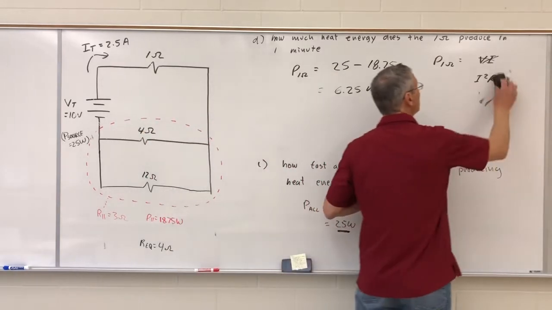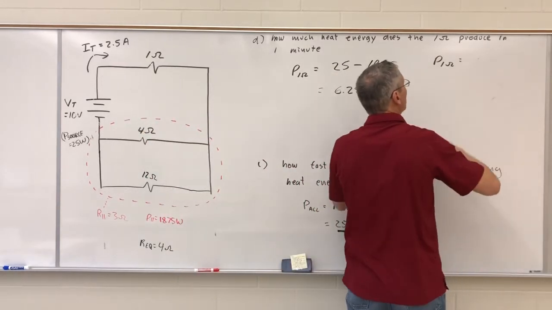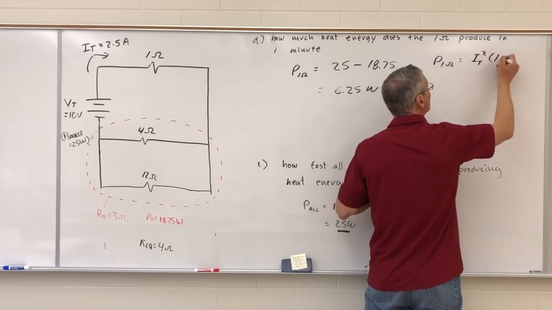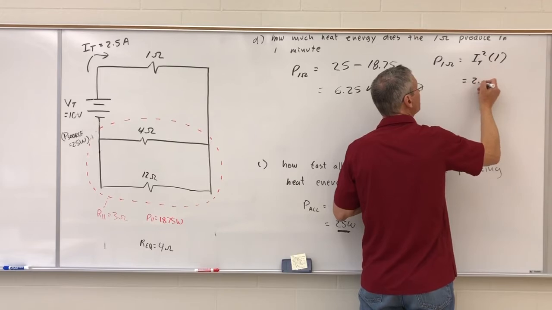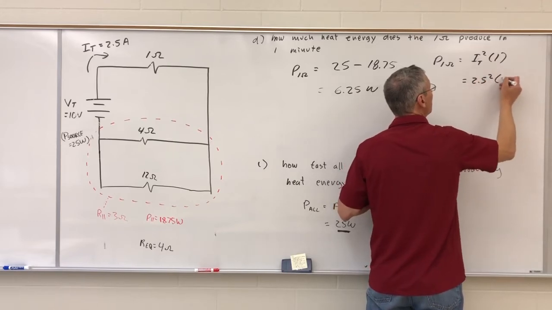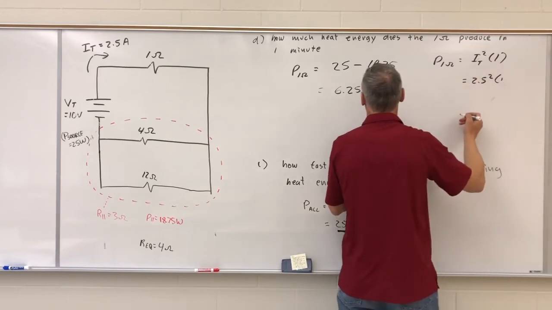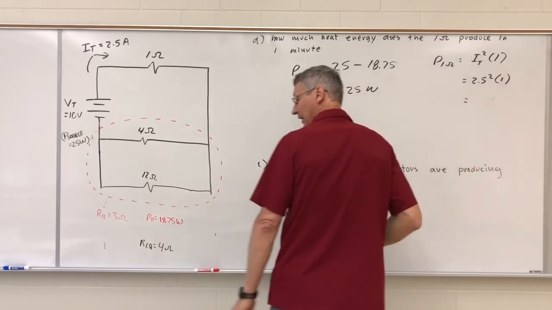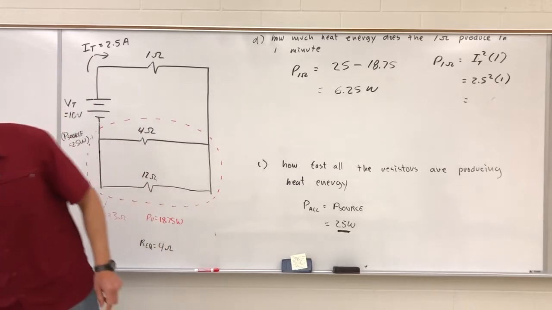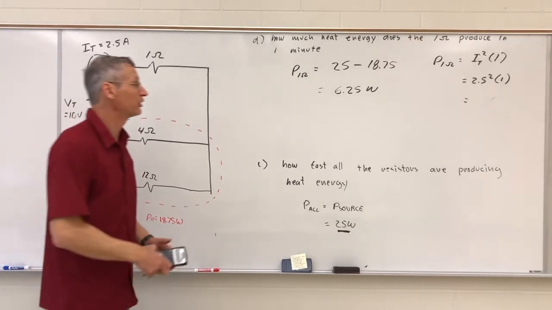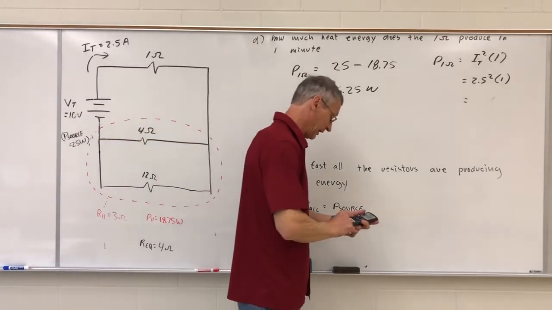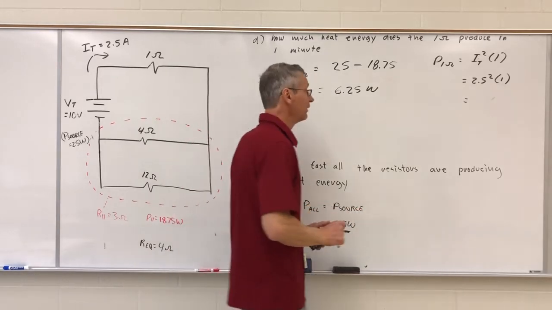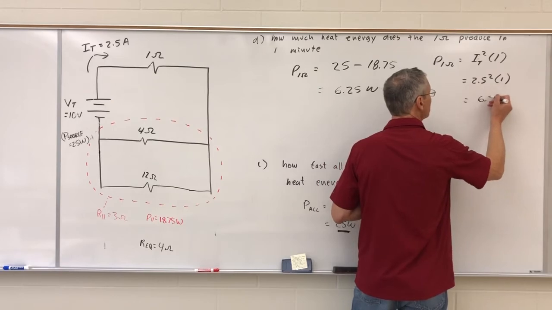So yeah, how about we do this? The power of the 1 ohmer, that's going to be the current through it squared times the resistance itself, so that's going to be 2.5 squared times 1, and you do 2.5 squared on your calculator, and it had better come out to 6.25. And yeah, it does.